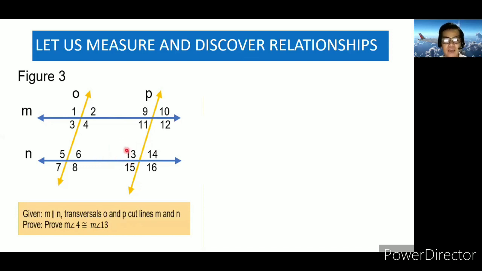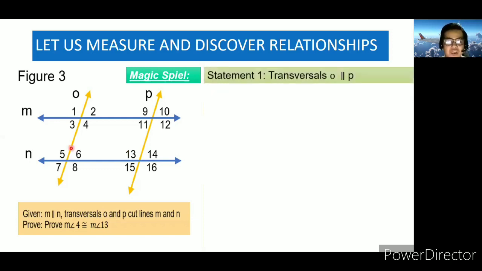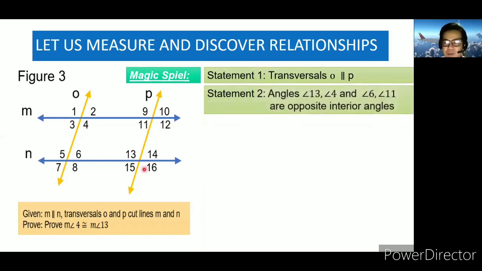Now, using inductive reasoning, we can use again your magic skill in proving. So you can write for your statement number 1 that transversal O is parallel with P. For your statement number 2, you can say that angles 13 and 4 and angles 6 and 11 are opposite interior angles.